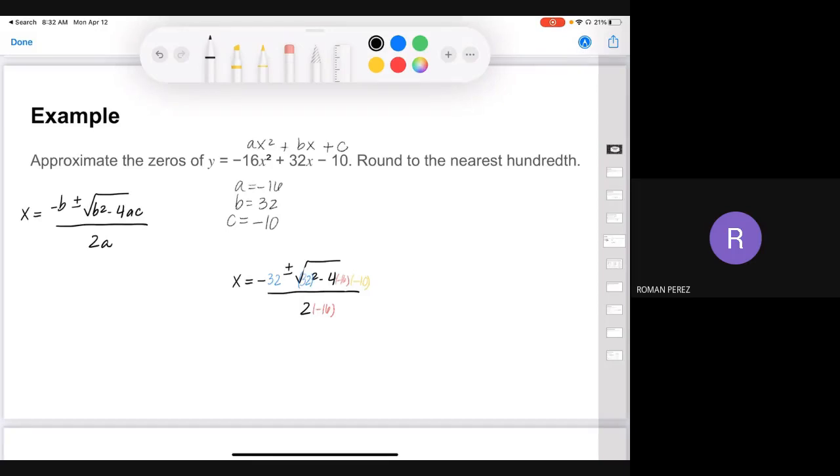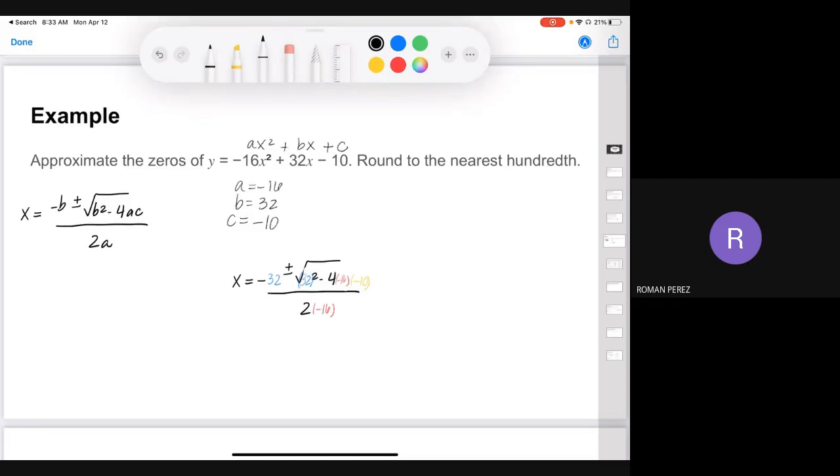Okay, so there I plugged everything in. I plugged in my A, my B, and my C. And so now that I have this, this is what I can plug into my calculator. Or what I could do is solve it on my own, or simplify it on my own and solve it.